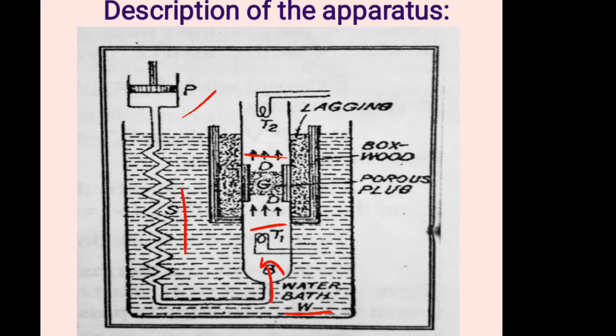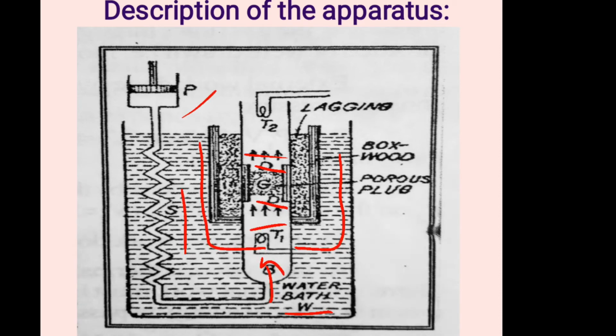The plug is connected between two perforated brass discs D and D. A vessel L, fitted with cotton wool, surrounds the tube B, which gives good thermal insulation to the porous plug.